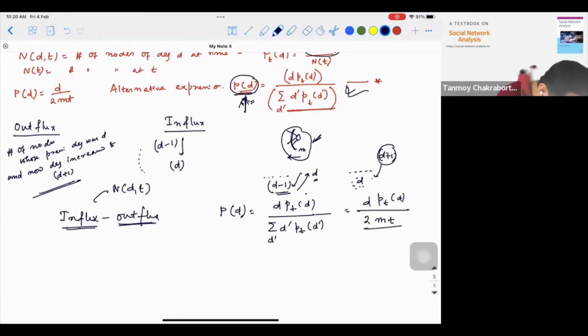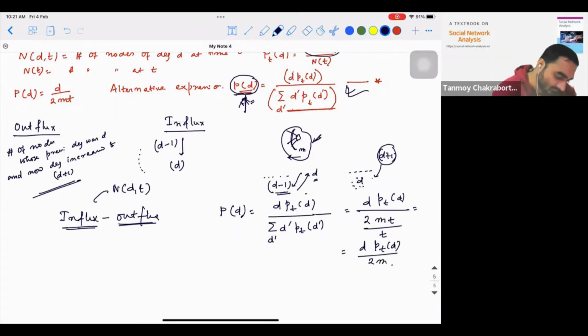Since this is an average, it is divided by the number of nodes. How many nodes are there? There are t nodes, because at every timestamp only one node is added. So this is 2m. Now PD, this is a very important equation.